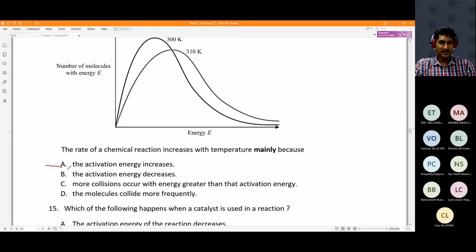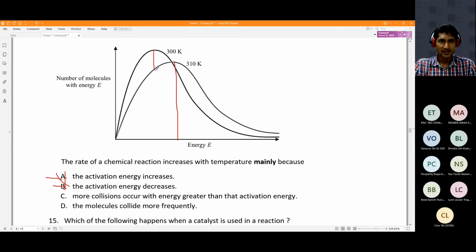It cannot increase, it cannot decrease, so A and B are both incorrect. The more collisions occur with energy greater than the activation energy. Yes. Let's say we take any position here, and half of both of these curves you can take.